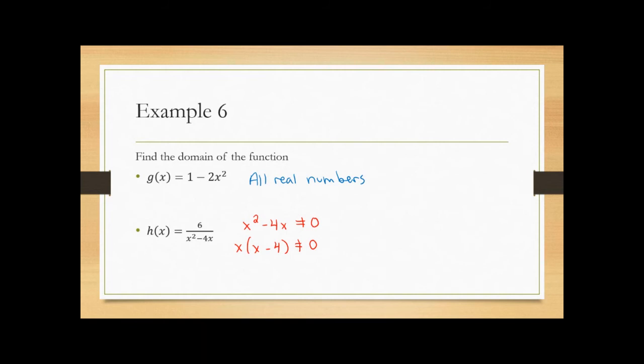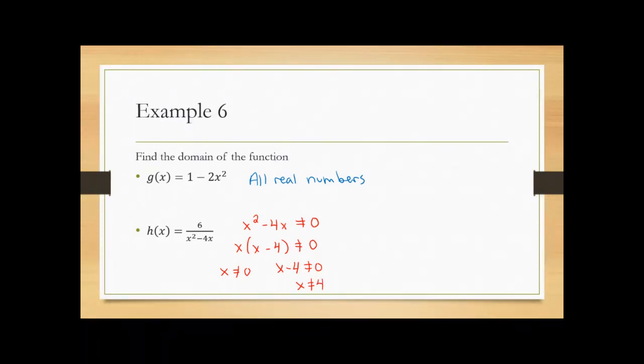Normally when you solve a quadratic, you set these equal to 0. Well, we're setting them not equal to 0. So we get that x cannot equal 0. That comes from the x. And then the x minus 4 part tells you x minus 4 cannot equal 0, and when you add 4 to both sides, that tells you x cannot equal 4.